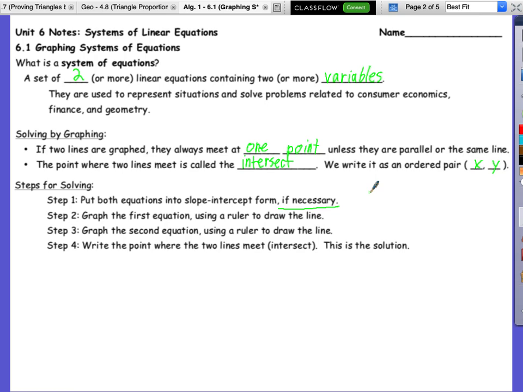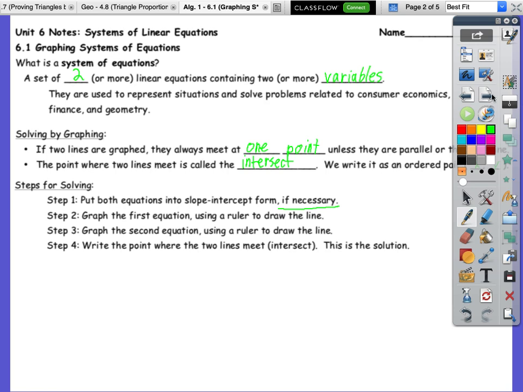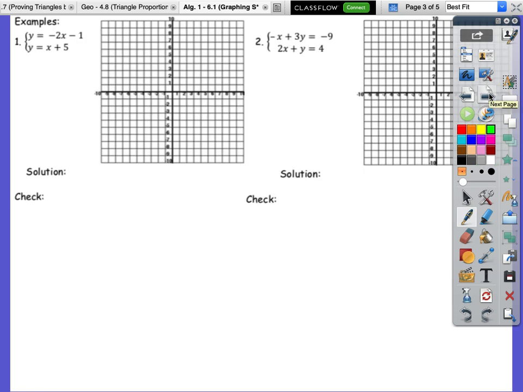So we're going to go ahead and try this. Do you want to pass out the rulers? Oh, yeah. Thank you. Yep.